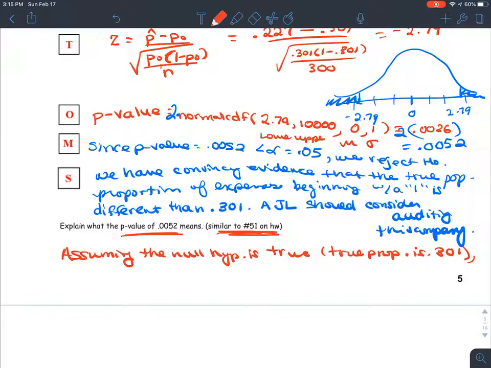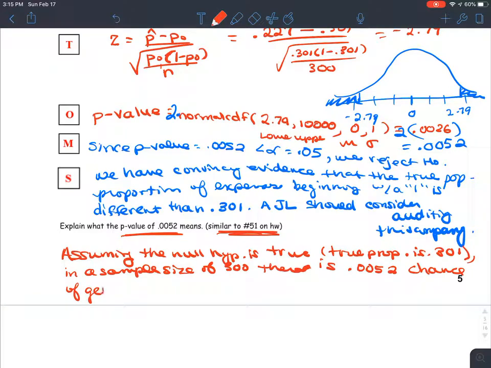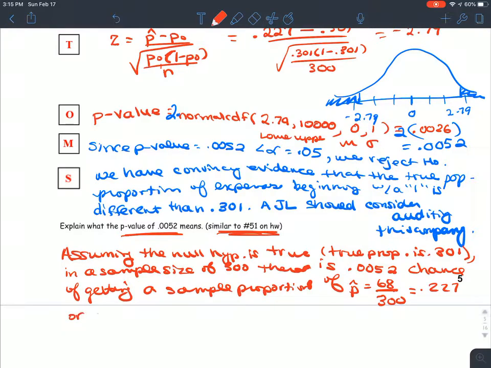Okay, so assuming that null hypothesis is true, in a sample size of 300, there is a 0.0052 chance of getting a sample proportion of, okay, remember this was the sample proportion that we had gotten, the 0.227, or more extreme. Okay, more extreme is referring to going farther back into these tails. Okay, so that's what the p-value means there.